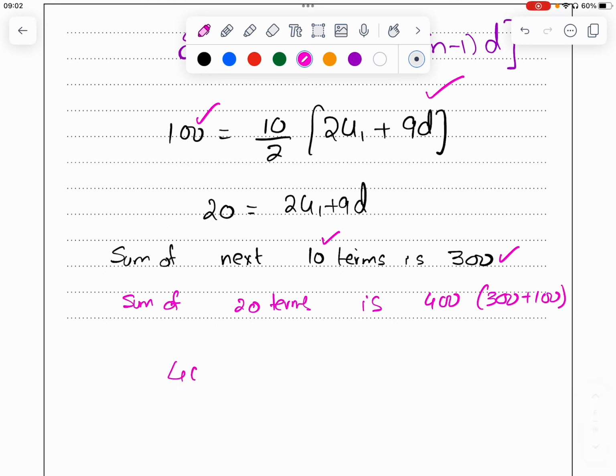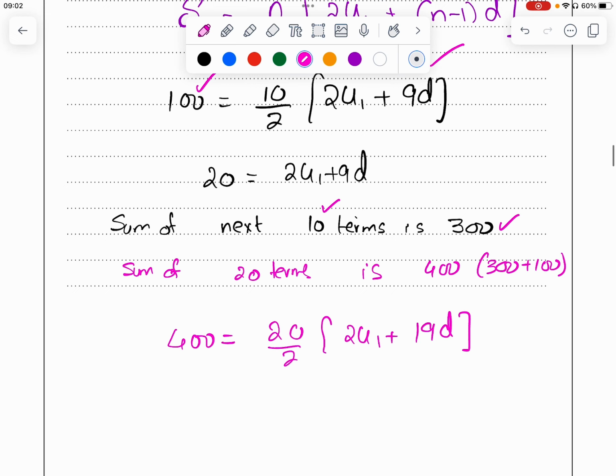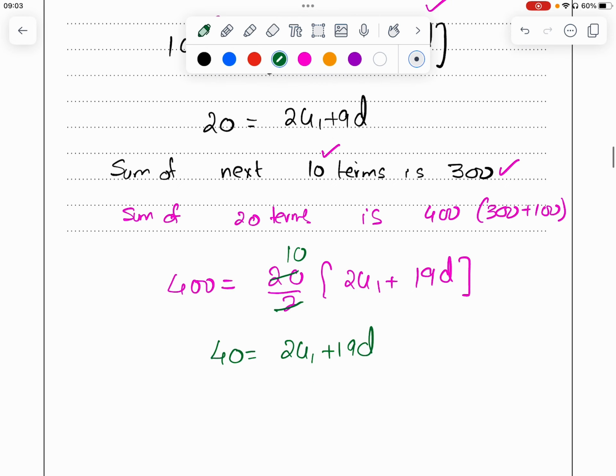So 400 equals 20 divided by 2 times 2u1 plus 20 minus 1, which is 19d. So 2 times 10, 40. 40 equals 2u1 plus 19d. So I got the other equation.